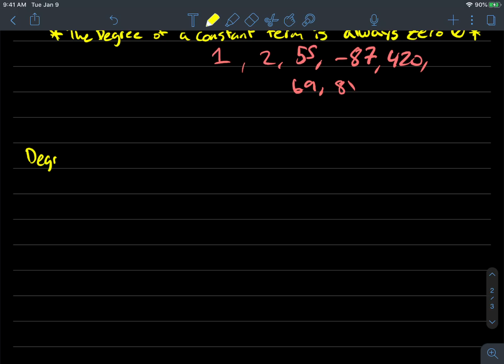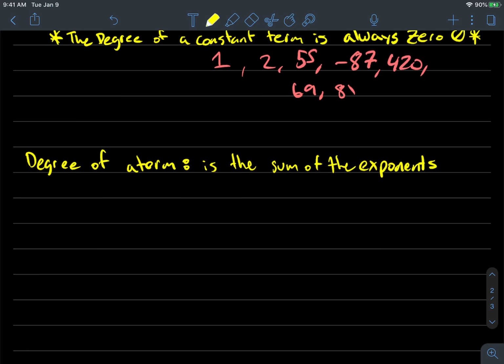The degree of a term is the sum of the exponents of the variable contained in the term.